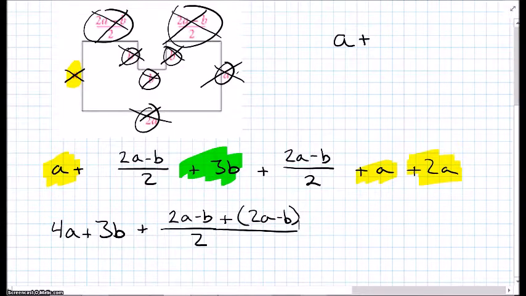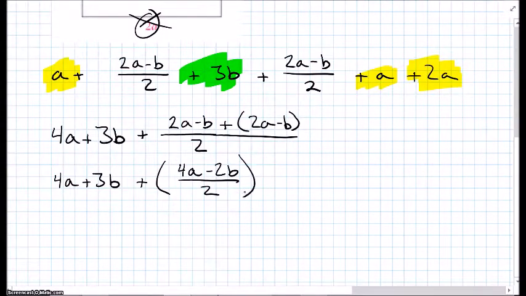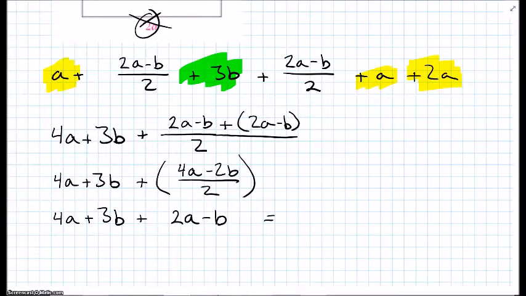Okay, so now we can just sum like terms on the top. I'm going to have 4A, that's just going to drop, plus 3B, which is just going to drop, and big parentheses here, 2A plus 2A is 4A, and B minus B is minus 2B, all over 2. So I'm going to have 4A plus 3B plus, I can divide everything by 2, so 4A divided by 2 is 2A, and negative 2B divided by 2 is negative B. So I can add these like terms again.